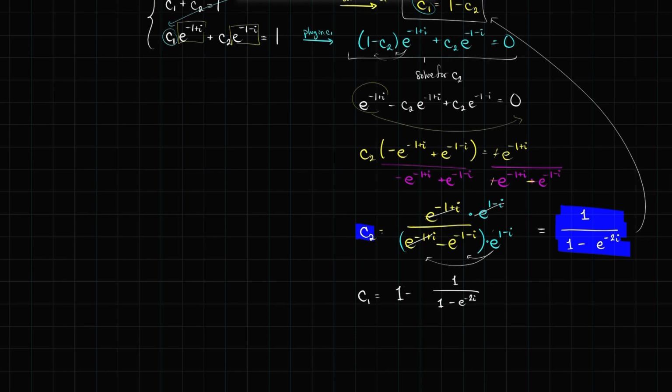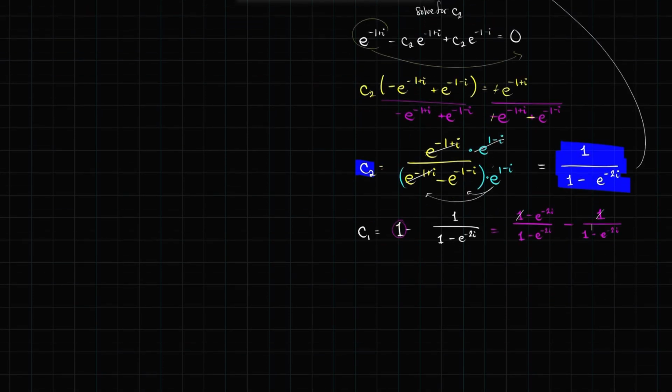Common denominator here would be to take that and replace it with the denominator on the right, the numerator over the denominator, because then I'm subtracting 1 from both the numerator and denominator. And what happens when I subtract 1 from the numerator is that 1 will cancel with that 1, and I'm just going to be left with C1 is negative e to the negative 2i divided by 1 minus e to the negative 2i.